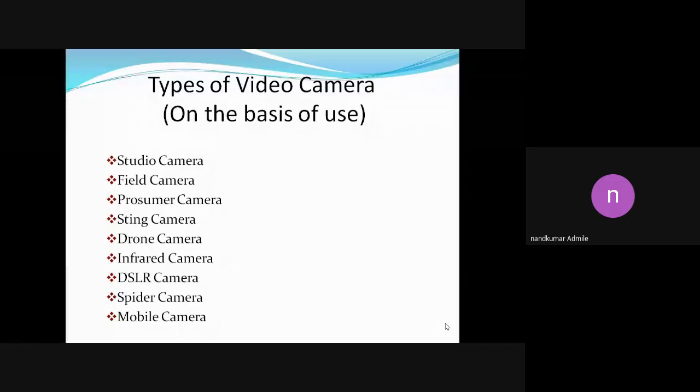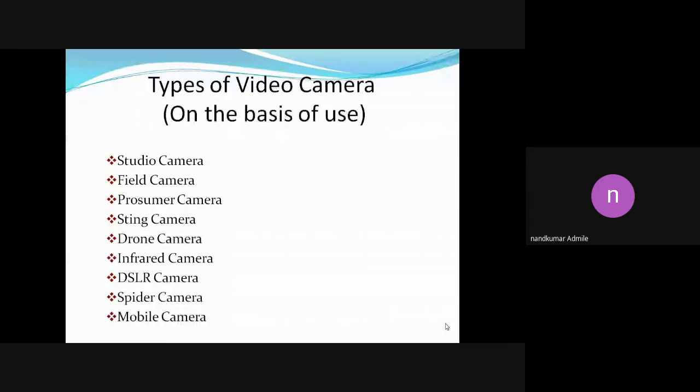We can use the studio camera, then field camera, then prosumer camera, sting camera, drone, infrared, DSLR, spider, and mobile camera. Okay, so these are the various types of video cameras.